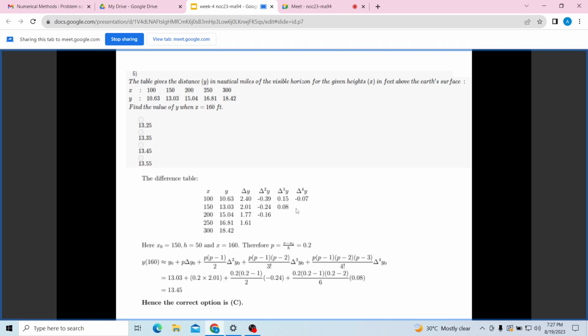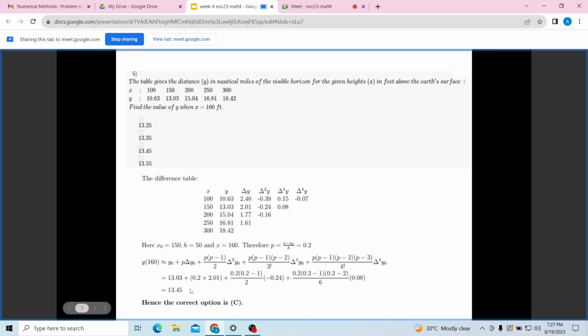For forward difference, it's not that you have to take the first row only, you can take the second row also. So with the same values you can proceed: x naught you can take 150, y naught 13.03, del y naught 2.01, del square y naught minus 0.24, and del cube y naught 0.08.